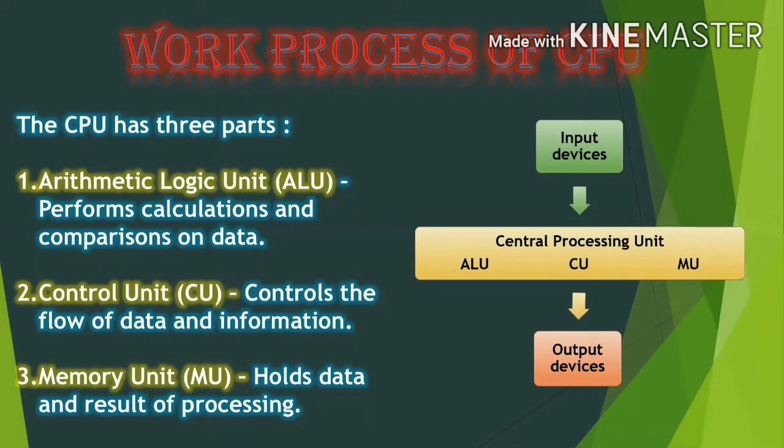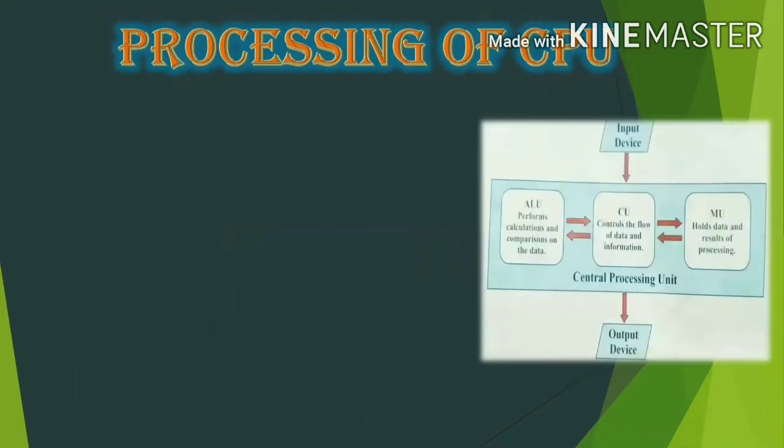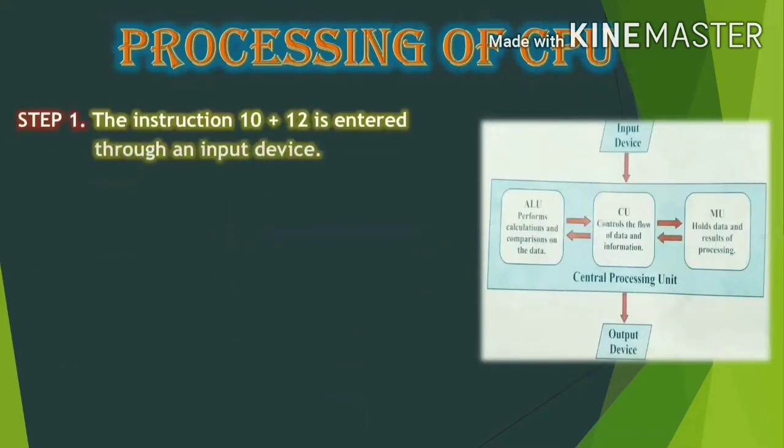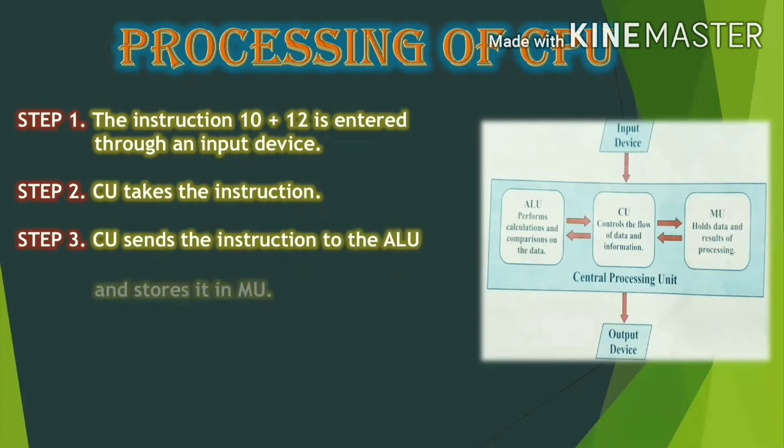Let us understand it with the help of an example. The instructions 10 plus 12 is entered through an input device. So here we will take the input as 10 and 12 as an example. The second step, the CU takes the instructions. And step number 3, the control unit sends the instructions to the ALU and stores it in memory unit.